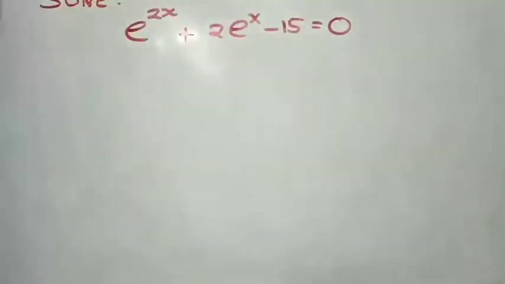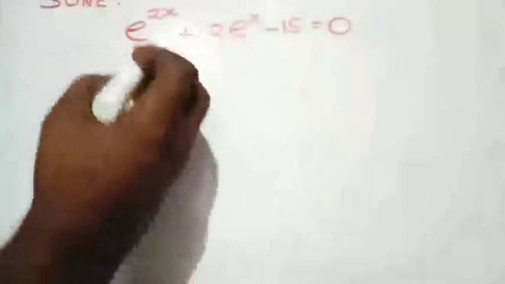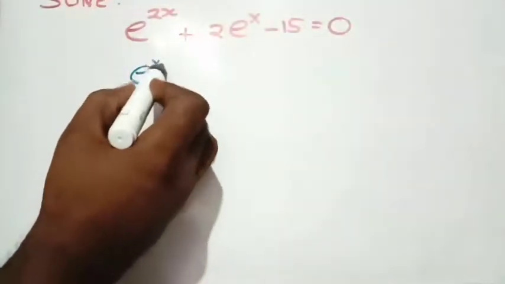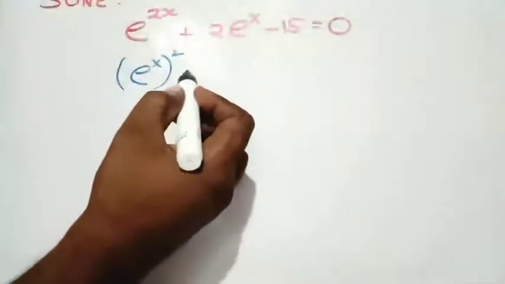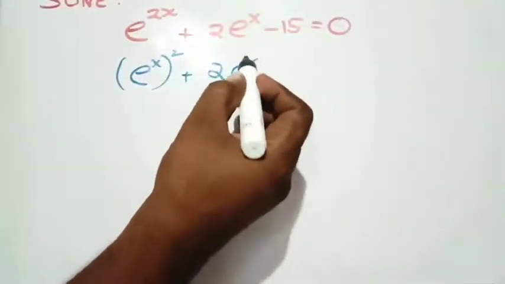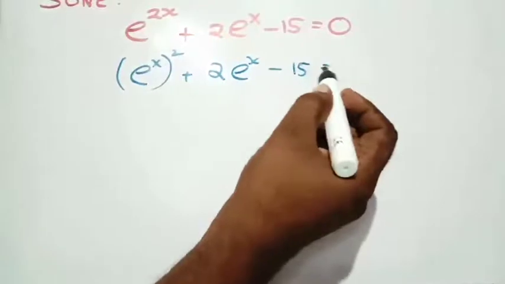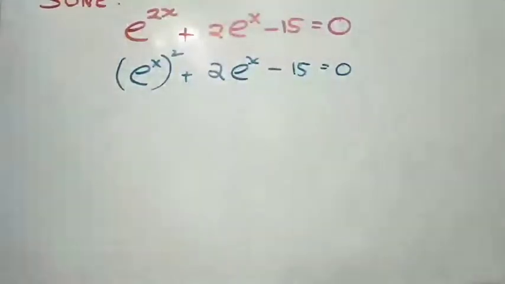Question. Solve e raised to 2x plus 2e raised to x minus 15 is equal to 0. So in this case, let's make e raised to 2x as (e raised to x) the whole square, plus 2 e raised to x minus 15 is equal to 0. So now it looks like a quadratic equation.